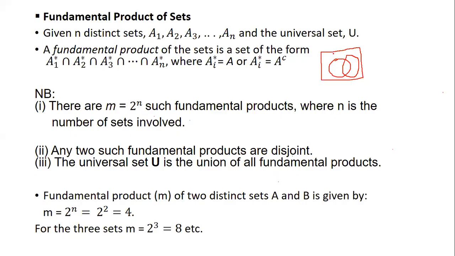So I can name this one, let's say, A. Let me name here B. So we have many intersections here, about 4 of them.